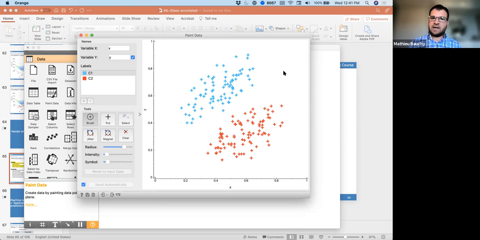So the idea is that you still want to predict for a given glass which group it belongs to, but this time you have this labeled information already, so you can use this to train a classification algorithm.